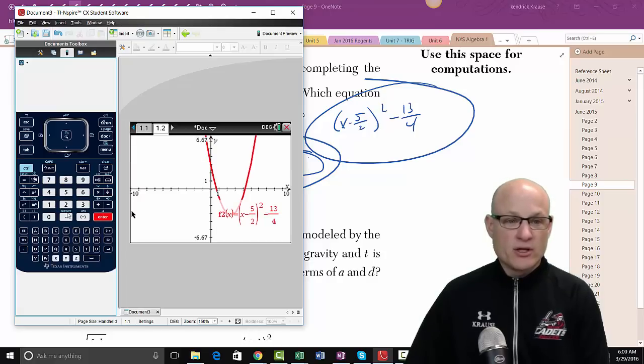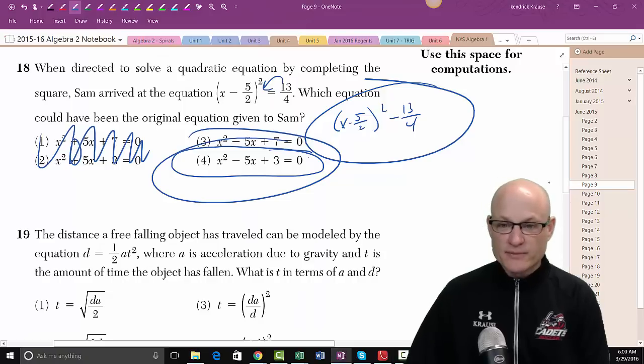And then the other thing was, we'll hit tab and we'll graph x squared minus 5x plus 3, and it should be the same exact graph, and it is. So that's another way to do it. All right.